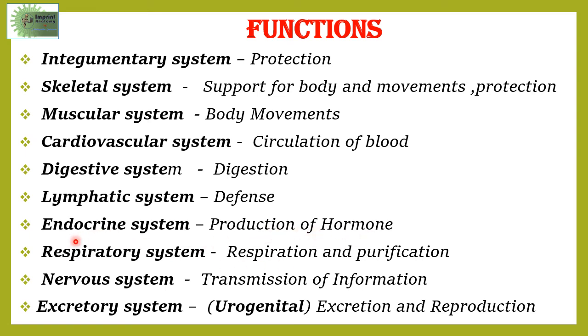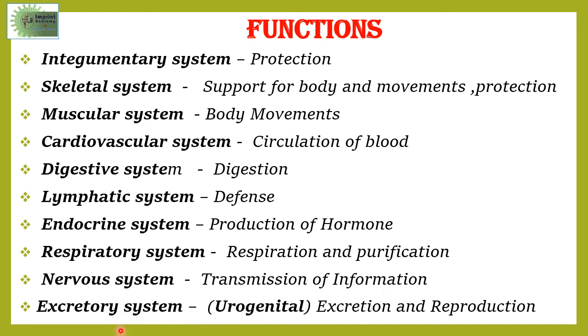That's why it is called an endocrine system. A respiratory system includes the respiration and the purification of blood through the lungs. Nervous system, the function, I can say, is very important like the cardiovascular and the nervous, the function of the nervous system is transmission of information from the brain to body or body to the brain.